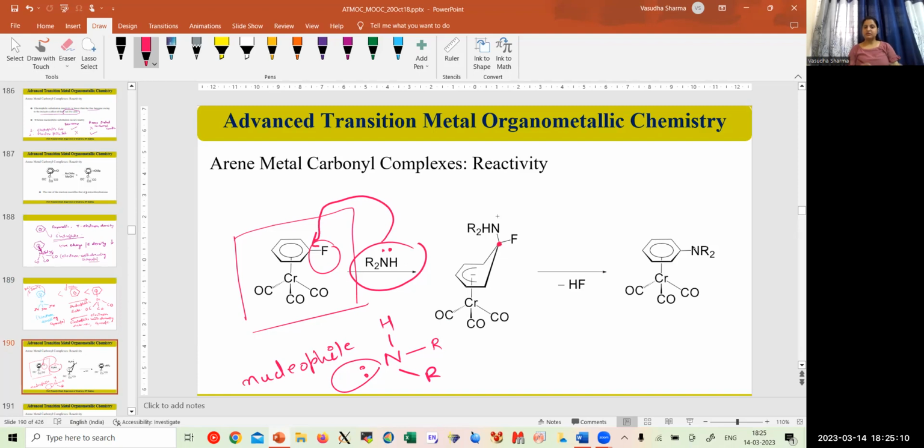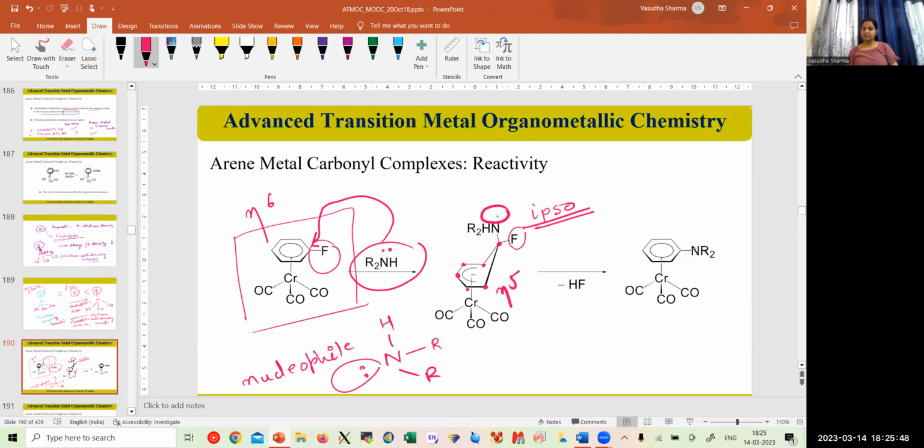Earlier the metal was coordinating with all the carbons, eta 6. Now it is coordinating with 1, 2, 3, 4, and 5. It becomes an eta 5. And since this lone pair is attacking at this position, and its lone pair is now involved in bonding, the positive charge has come, and the total negative charge is on this particular species to maintain the charge on the compound.